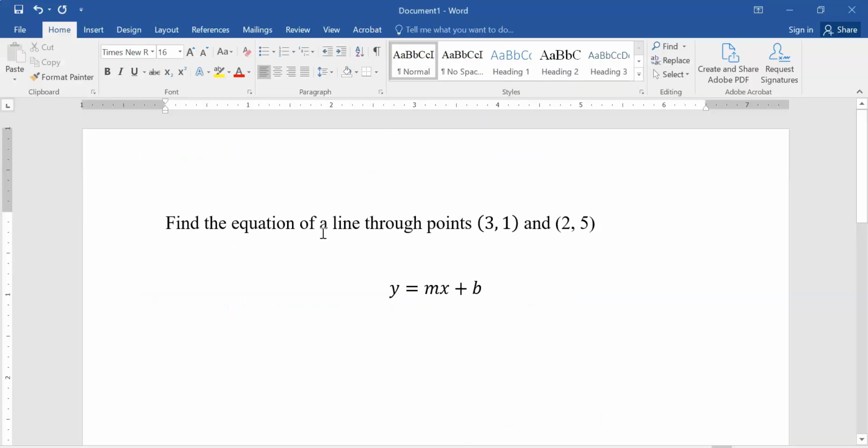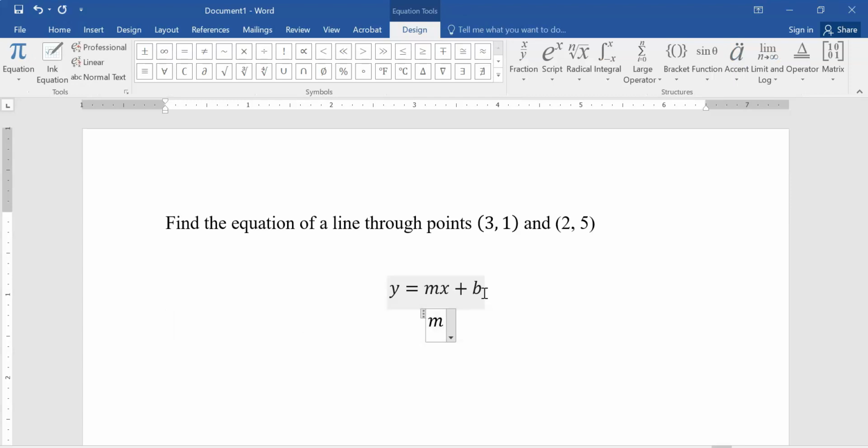It says find the equation of a line through points (3, 1) and (2, 5). We know we're looking for an equation of a line, a y equals mx plus b. The first step is to try to find the slope. Now the slope is the difference in y values. So here is the y value of the second point, that's 5, minus the y value of the first point, that's 1.